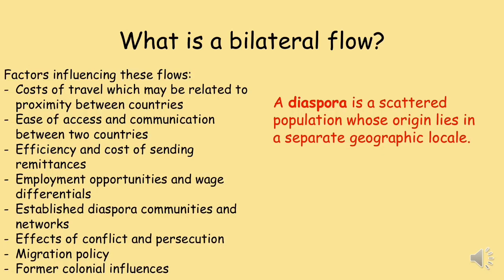Where are they going to feel safer? Where are they going to feel protected? Migration policy. Is that country promoting people coming in? Do they make it easy? Is it a skills-based test or is it an open door policy? And finally, former colonial influences. Is the language the same? Is the culture similar?